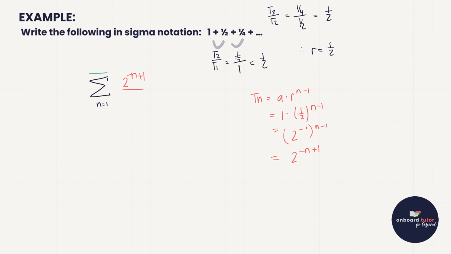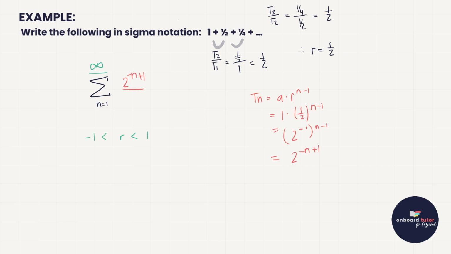Now I need to know where we are going to end off. So we have a look at our last term. But have a look at the question here. They never gave us a last term. They just showed that it carries on indefinitely. And that actually makes our lives very easy because we can simply say this is going to be a sum to infinity. When am I allowed to have a sum to infinity? I'm allowed to have a sum to infinity when r is anything between minus 1 and 1.